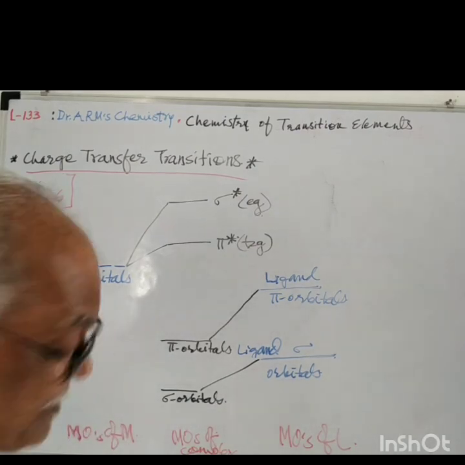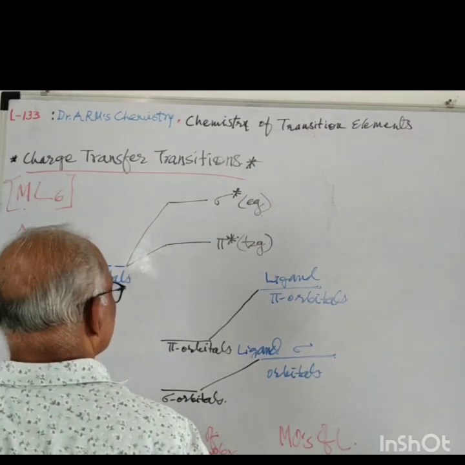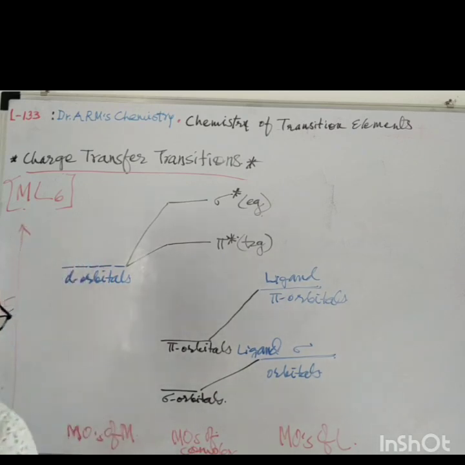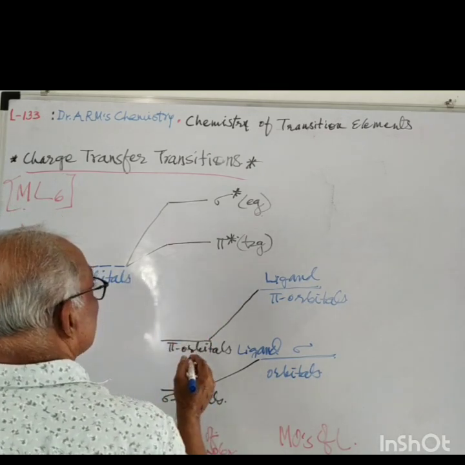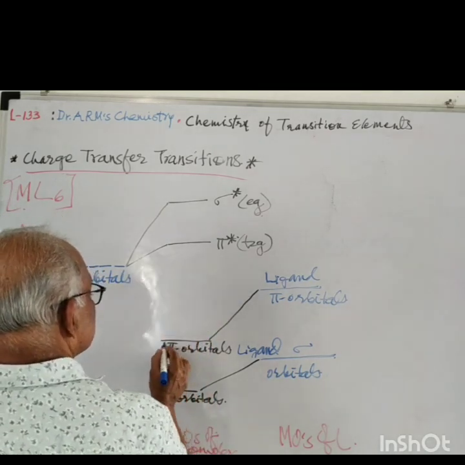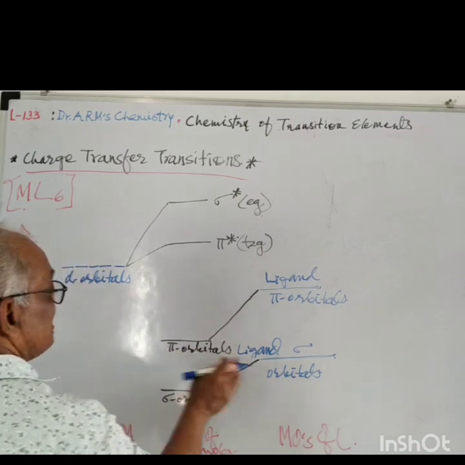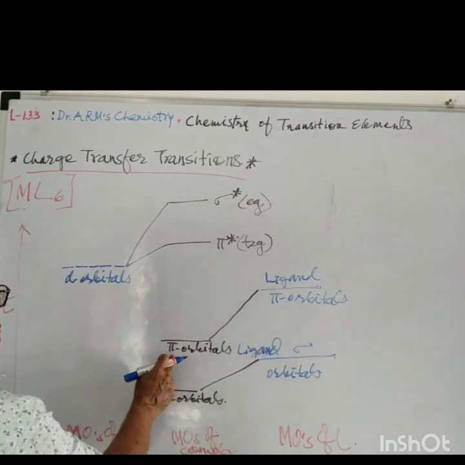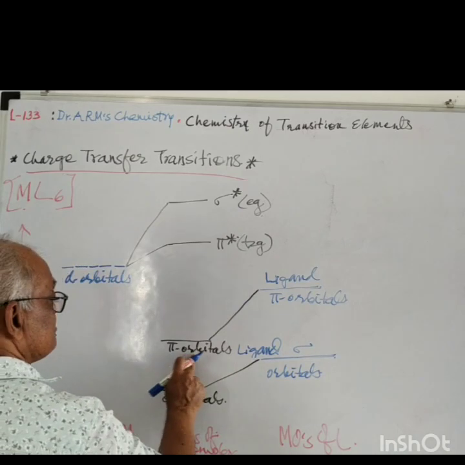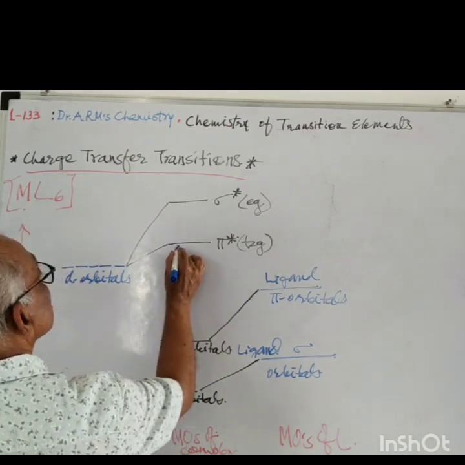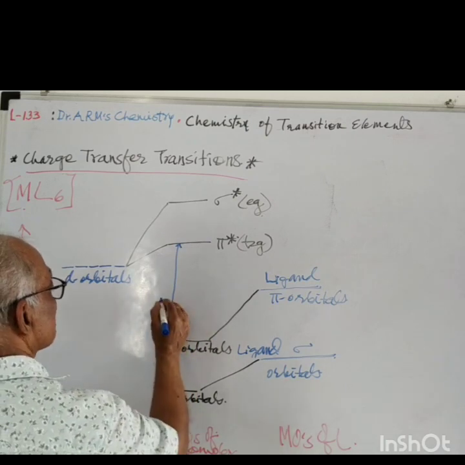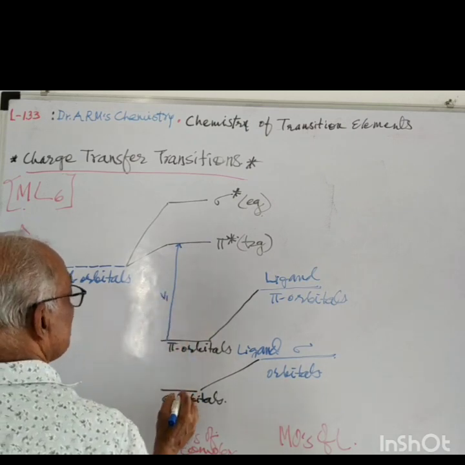Now, if we want to show the distribution, or if we try to show the electronic charge transfer transitions, we find the excitation of the electrons. The electrons are present here, and these are excited to this pi star. So this is called V1.